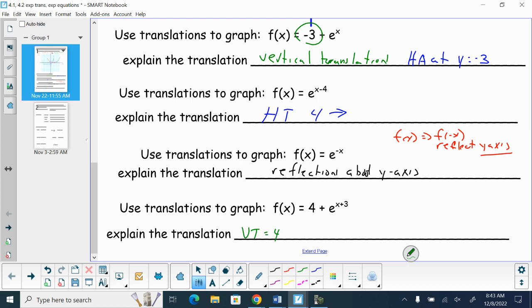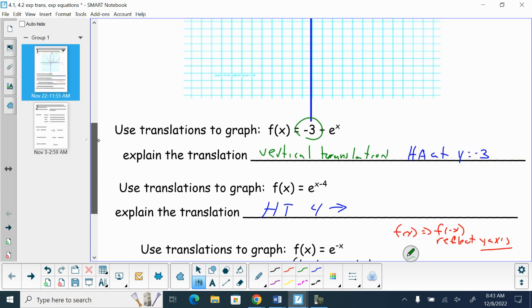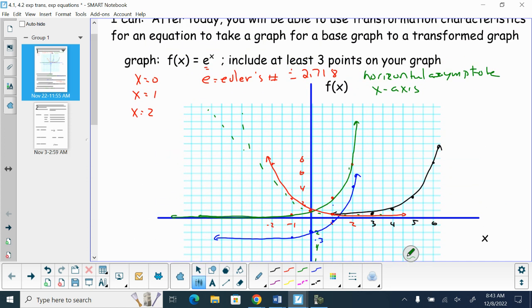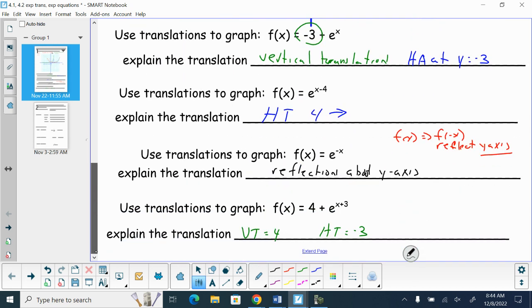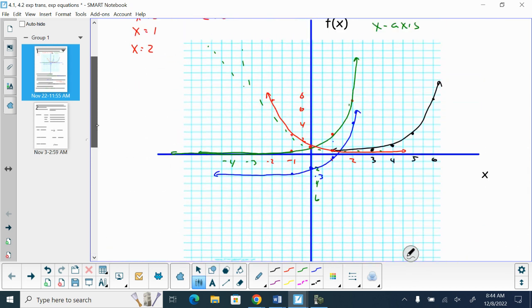Our horizontal translation is the value that we're subtracting from our x, so we would have a horizontal translation of negative 3. So every one of our points, I know it's getting messy here, we would go up 4 and to the left 3.